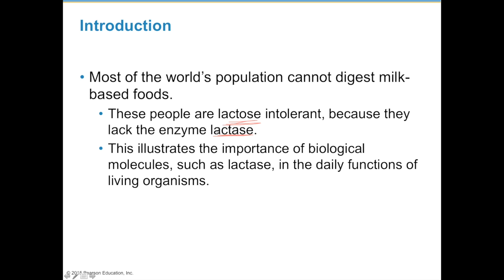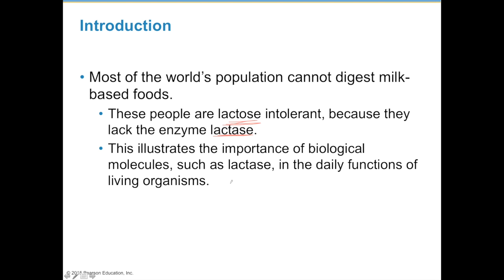Evolutionarily speaking, you're not supposed to be consuming it, so why would you need to make the enzyme? As people get older, they stop producing lactase. Because they're not producing lactase, they no longer can break down the lactose. That's where they develop lactose intolerance.